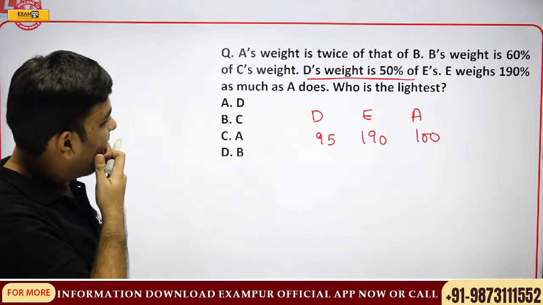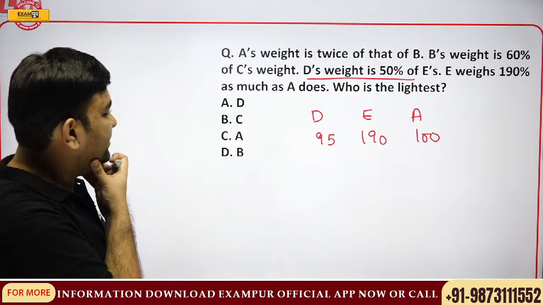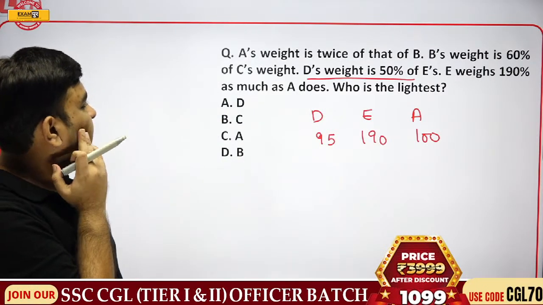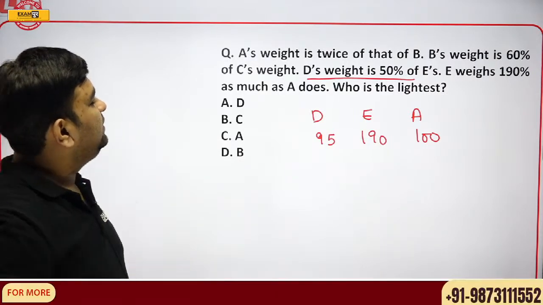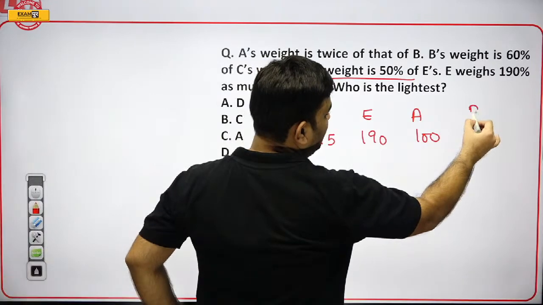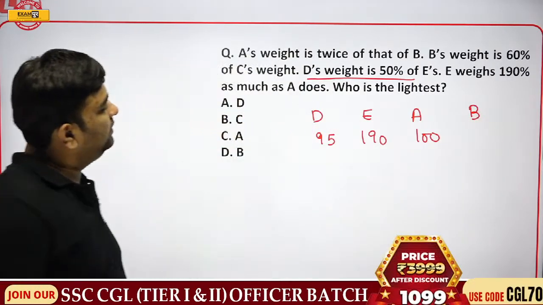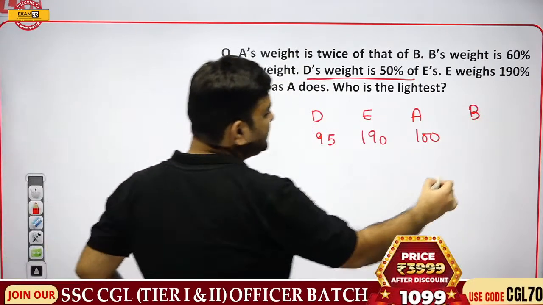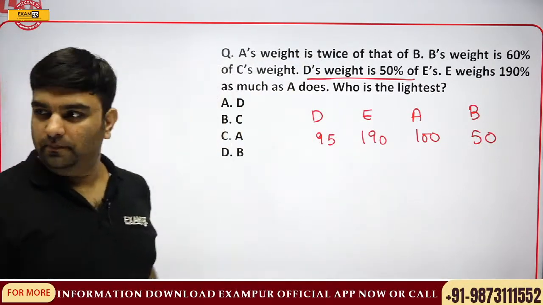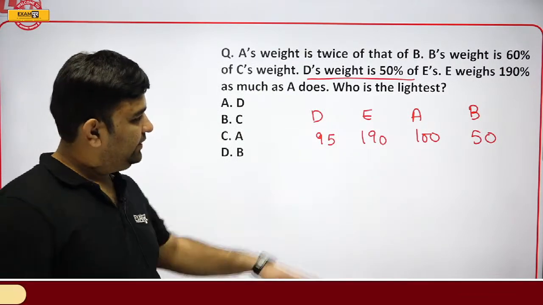B is 60% of C and A is twice of B. B is very less, 50 only.